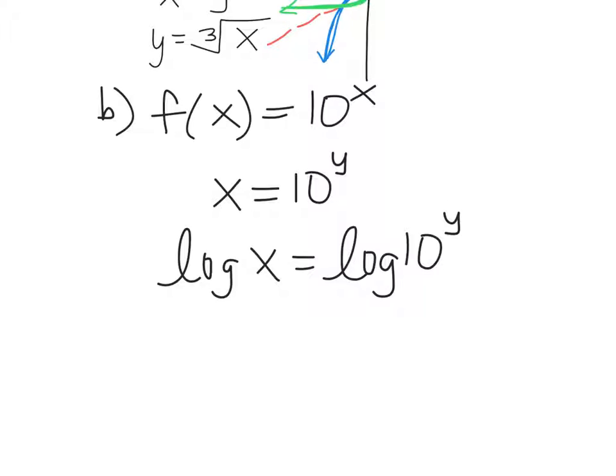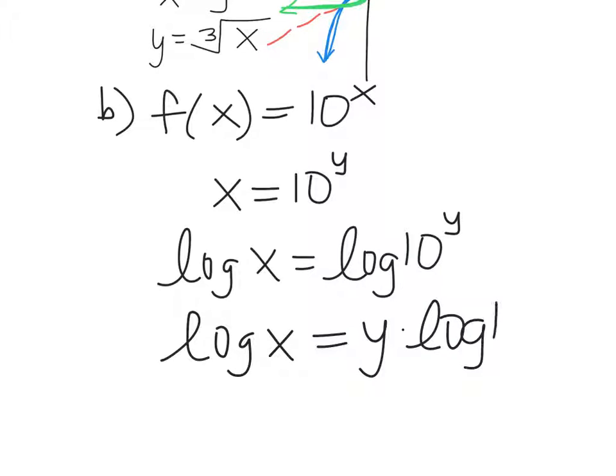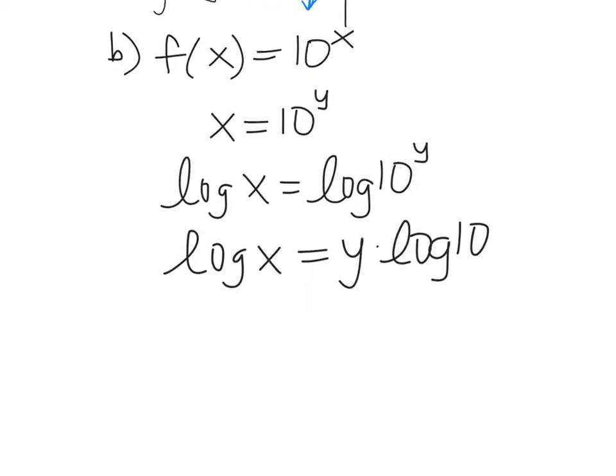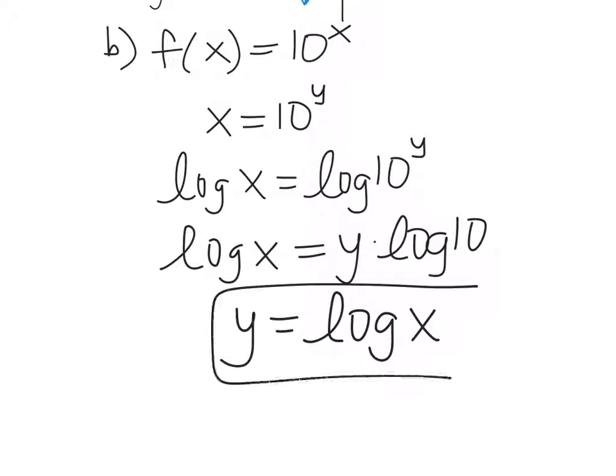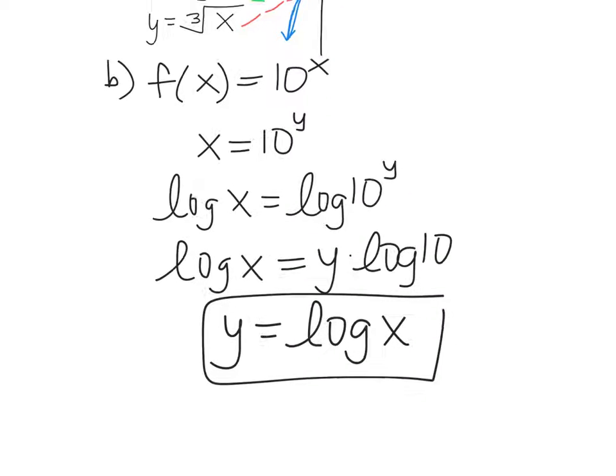Bring that y down. So I get log of x equals y times the log of 10. What is the log of 10? It's 1. And so the inverse would be y equals log of x. So these two things are inverses of one another.